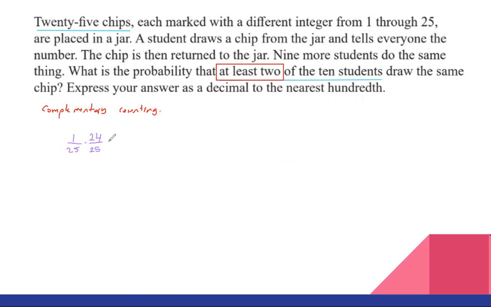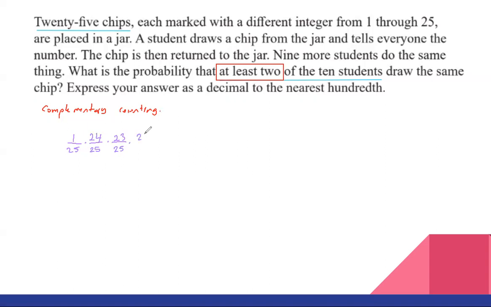And then for the third selection, I already picked one, I picked two, so I already have two numbers. Even though I don't know what two numbers, I do know two of them are already selected, so I cannot have the same number again. So now you have 23 options out of 25 for the third chip.